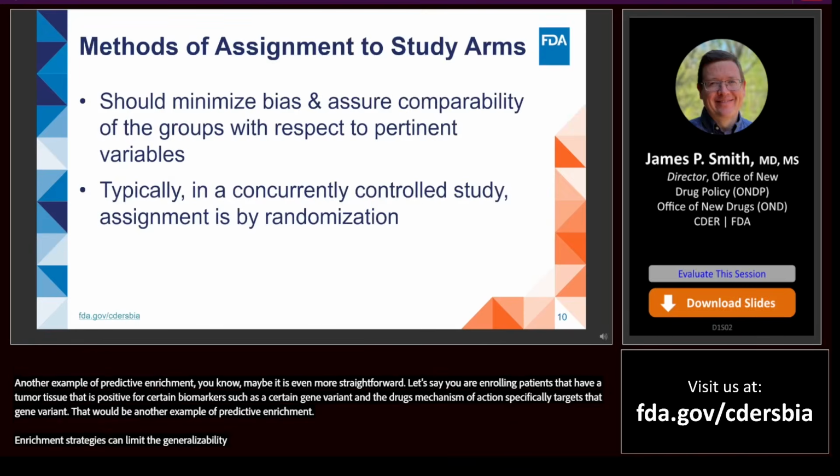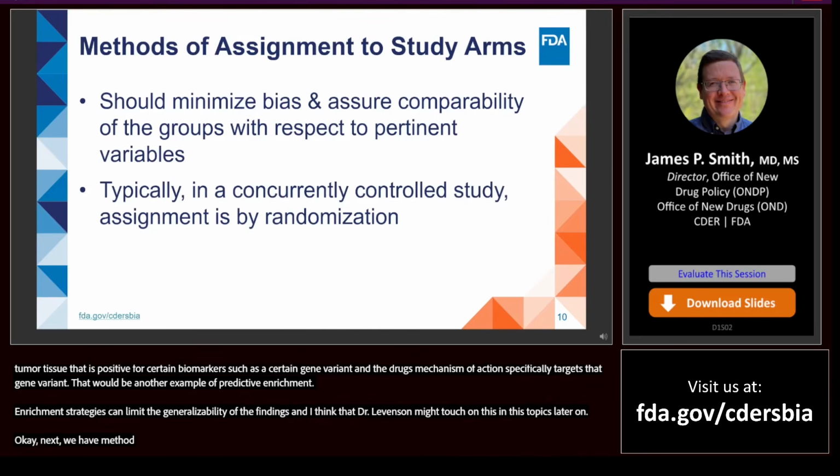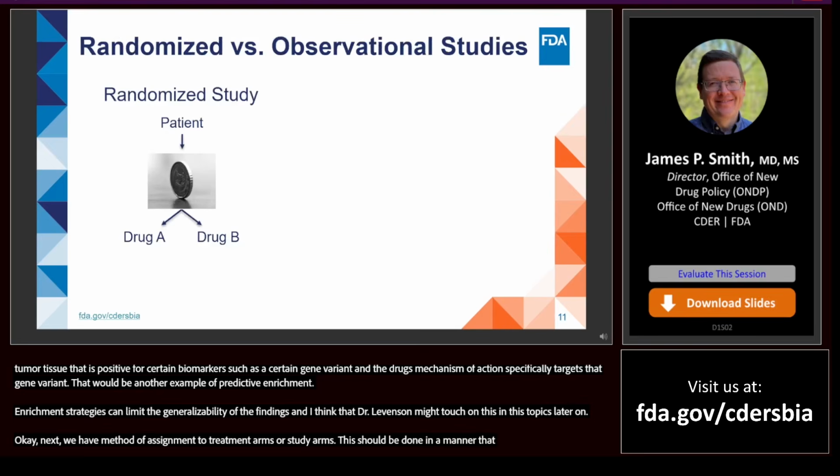Okay, next we have method of assignment to treatment arms or study arms. This should be done in a manner that minimizes bias and ensures comparability of the groups with respect to pertinent variables. So typically, in a concurrently controlled study, assignment is by randomization. So why is randomization important?